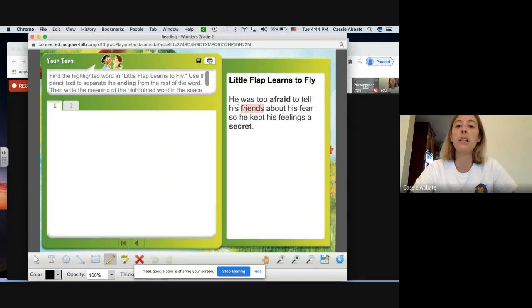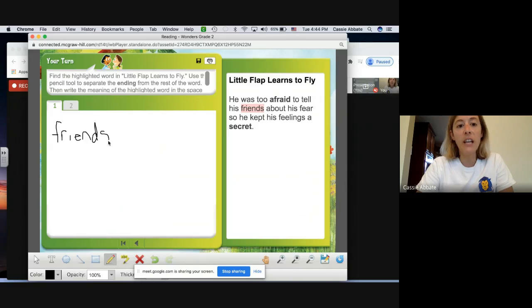So it says, he was too afraid to tell his friends about his fear, so he kept his feelings a secret. So the direction says, use the pencil tool to separate the ending from the rest of the word. So the word highlighted is friends. Friends.